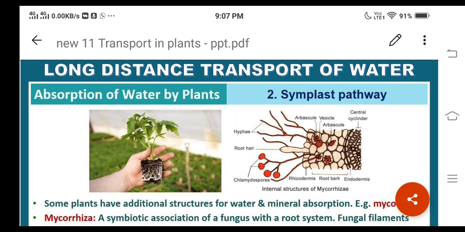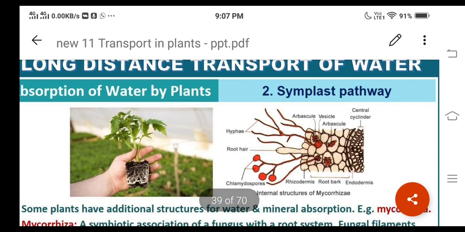Some plants have additional structures for water and mineral absorption, for example mycorrhiza. In the given diagram you can observe the structure of mycorrhiza, how it infects the root part and helps in the absorption of water and minerals.